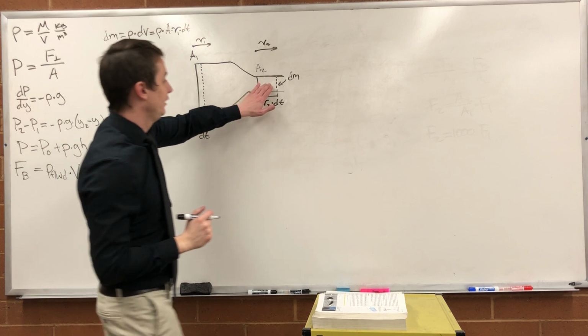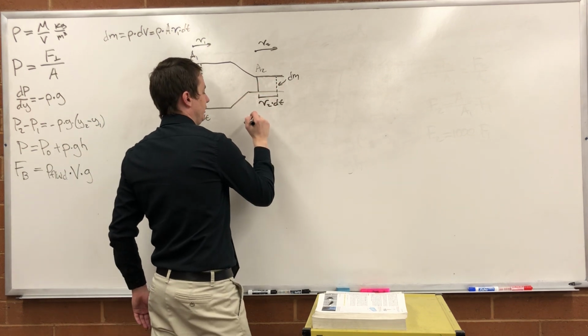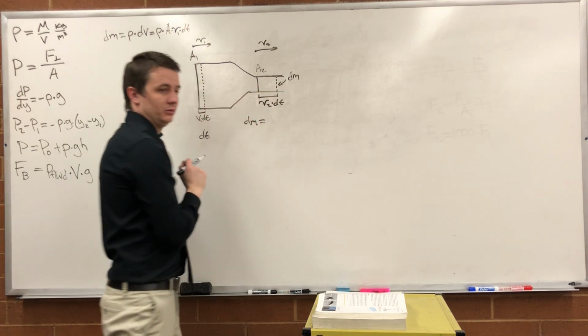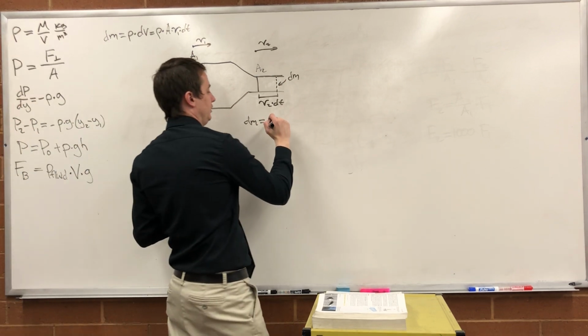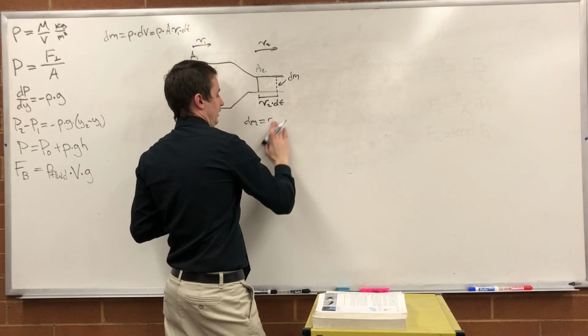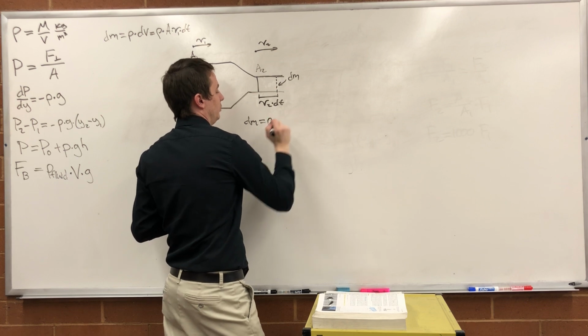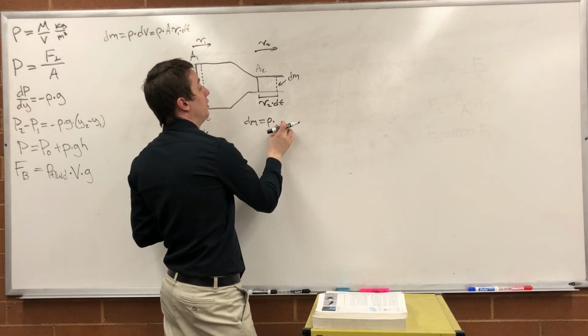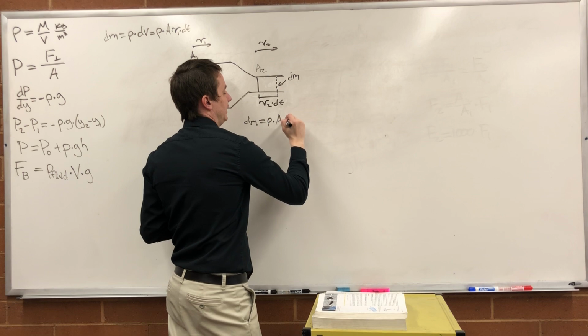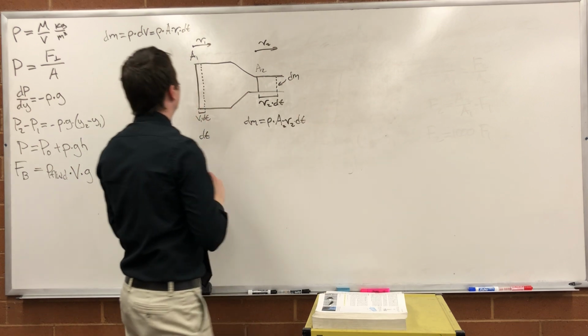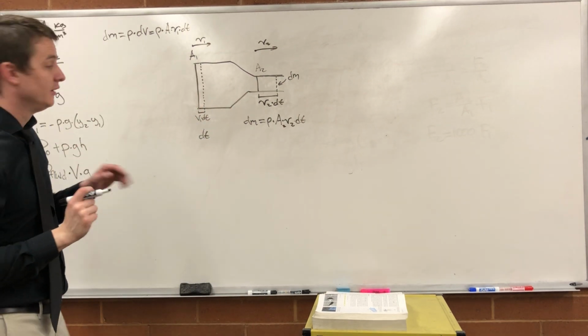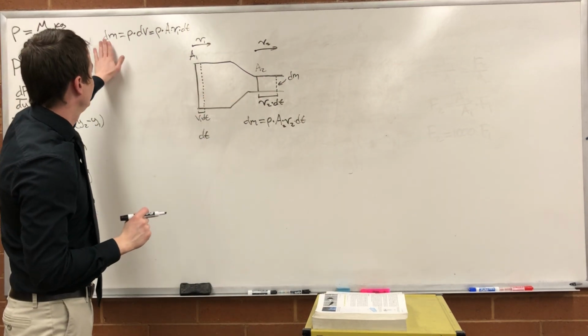And so this dm is equal to our volume times our density. So density times volume. That's supposed to be rho, not p. Rho times our volume. Our volume is going to be A2 times v2 times dt. With me? Yeah.